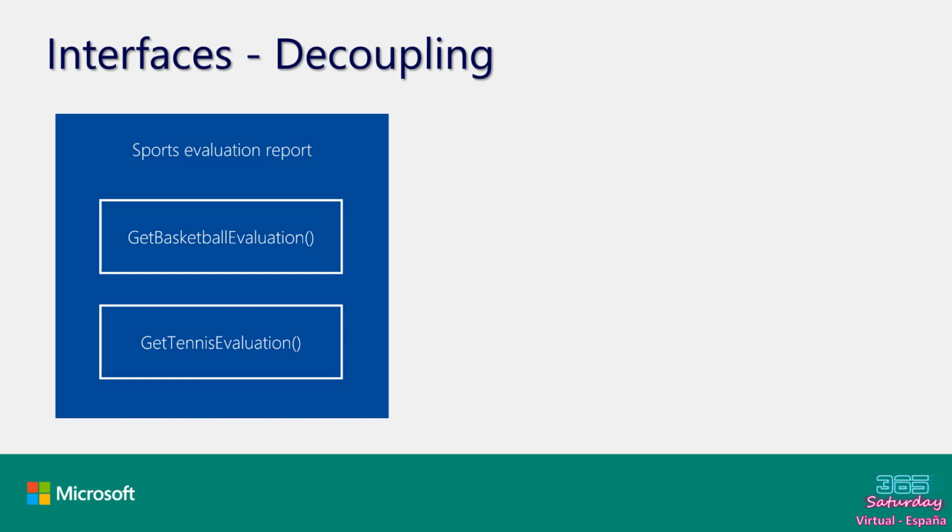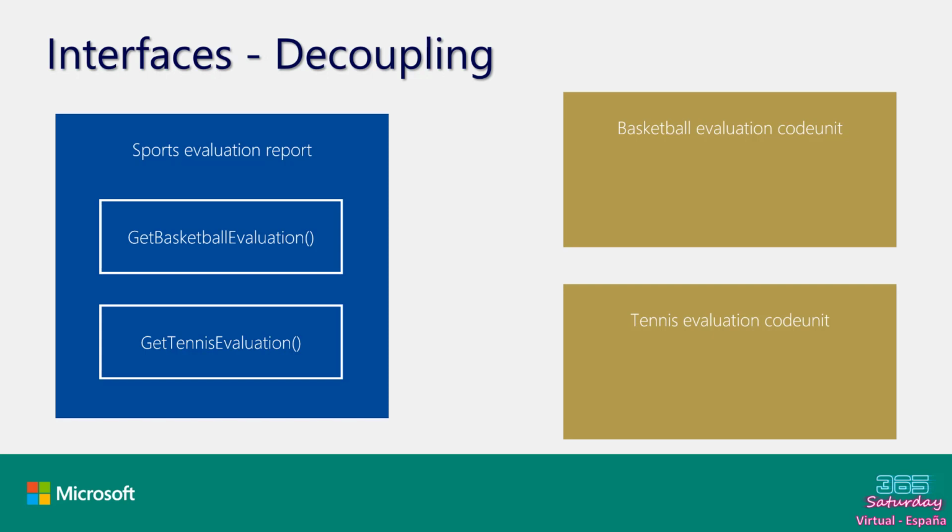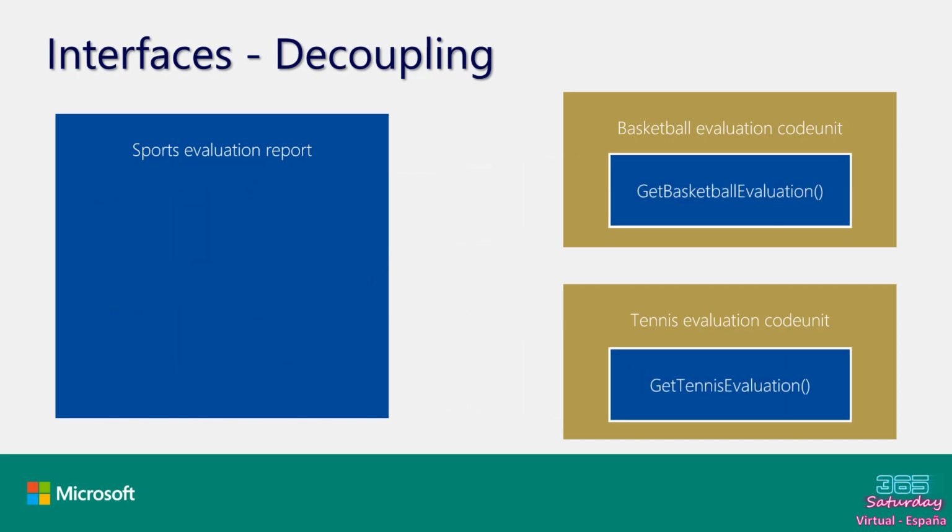So the base idea is that we have, for example, a report that does sports evaluation, and then we get a basketball evaluation, we get a tennis evaluation, and all that is part of the same report. Now, the first thing that we could do is we move the basketball evaluation out into a specific codeunit and the tennis evaluation as well. That means that our code is now going to be moved into those codeunits.